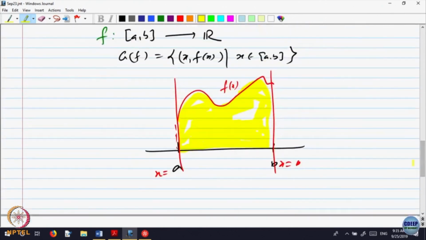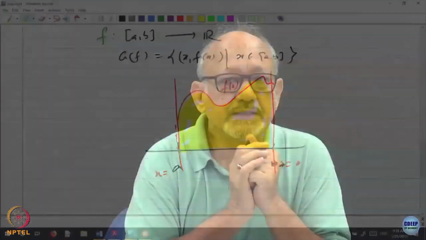Now the basic concept in all such problems is that when you want to find out this kind of area, or in general when the boundary is not rectilinear, you try to approximate it by rectilinear things, because those things are known. So this area below the graph of the function, one would like to approximate it by known objects, namely rectangles.